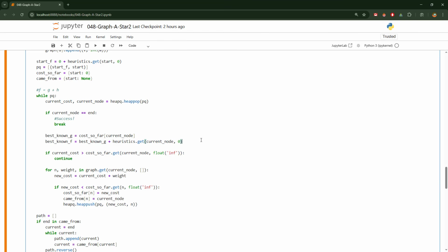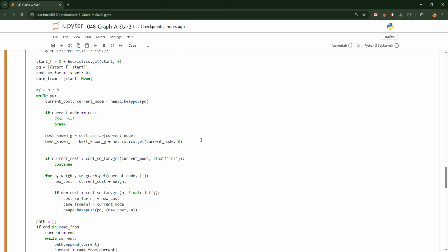Okay, further, if current F, okay, current cost, I'm going to change to current F. Yeah, makes sense. And current node, okay.